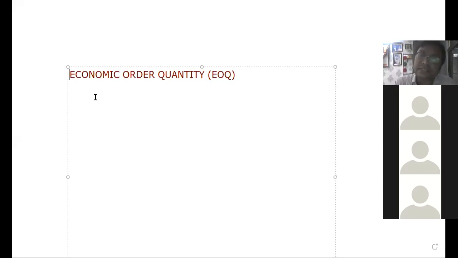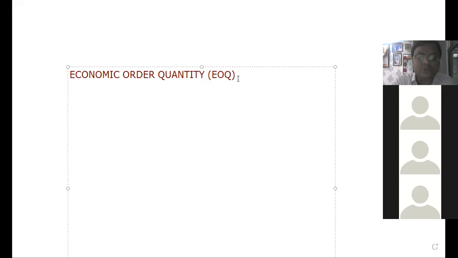You are purchasing such a quantity कि जहाँ पे मुझे अगर परचेस करना है कि पर्टिकुलर अमाउंट में मुझे परचेस करना है, तो मैं उतना ही क्वांटिटी का परचेस करूंगा जितना मुझे चाहिए, और जहाँ पे मेरा ऑर्डरिंग कॉस्ट है, कैरिंग कॉस्ट क्या होगा, लेस हो जाएगा. Understand? So therefore, economic order quantity is a quantity where your cost, that is the carrying cost and ordering cost, is the minimum.